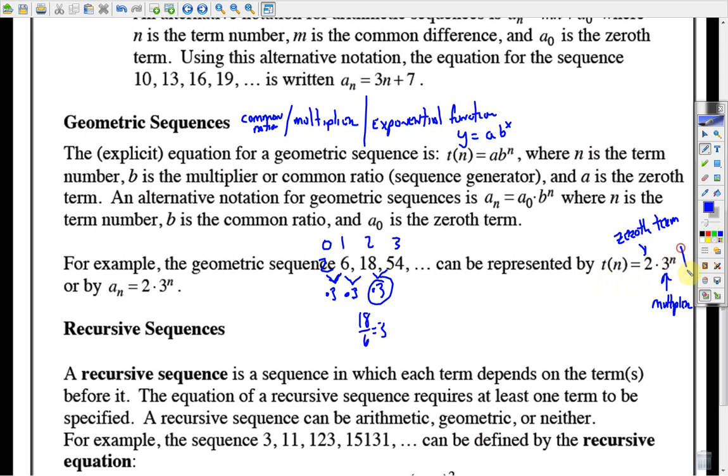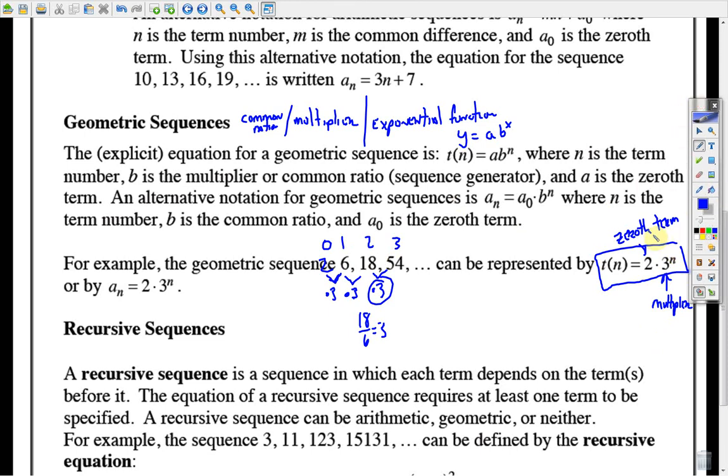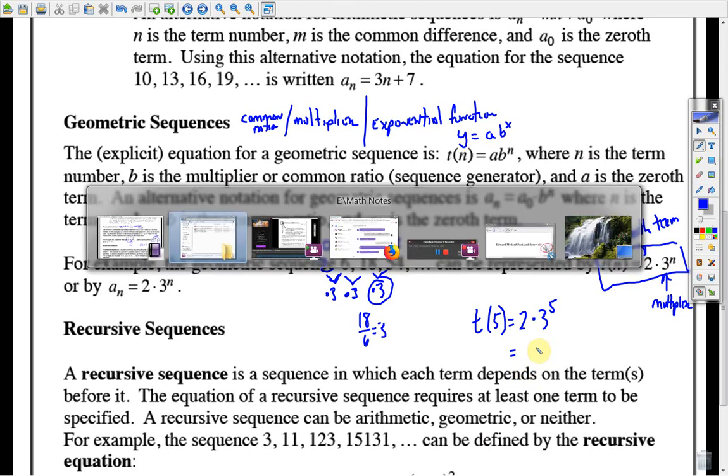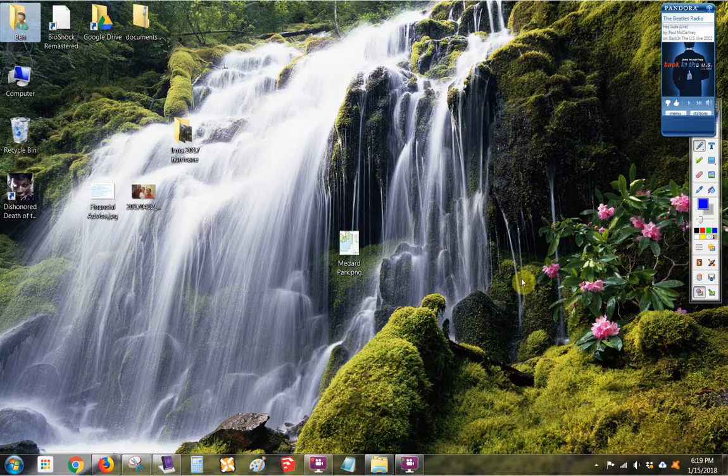And these are called explicit equations because all you have to do to get the answer is plug in the term number. So if we wanted to know what was happening on, say, the 5th term of this equation, then we would just plug in 5 for n and get that equation. 3 to the 5th. Not sure I know that off the top of my head, so let's do this here.